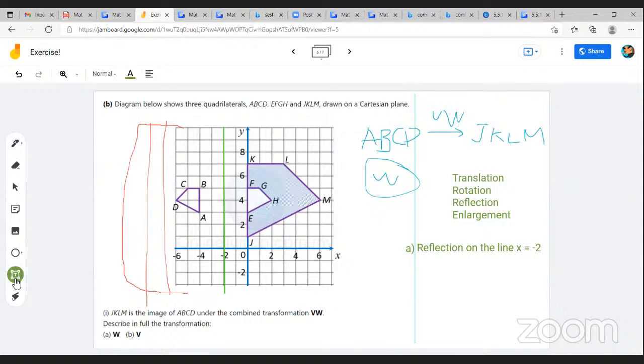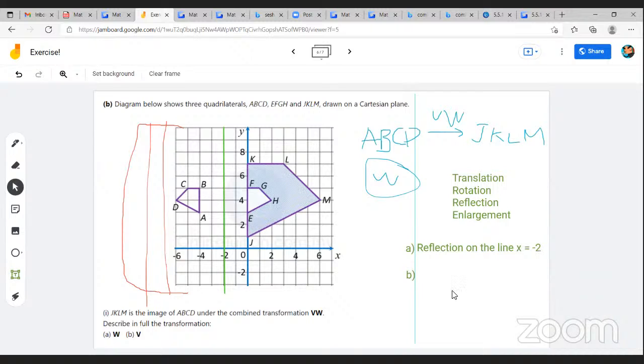And then now we go on to B. B is asking for V. So do you have any idea how to begin, Harin? Which transformation is it first? Is it rotation? Good try, but it's not rotation.